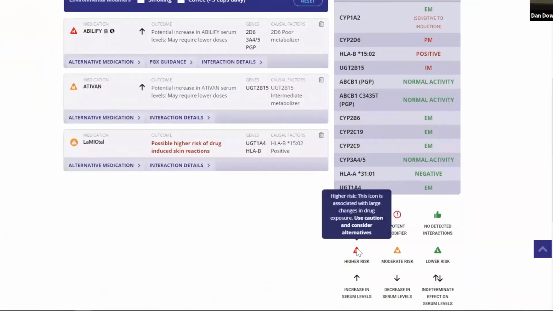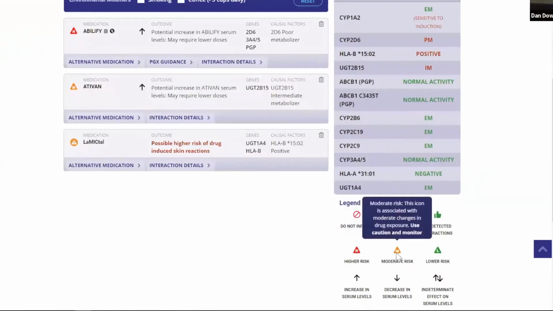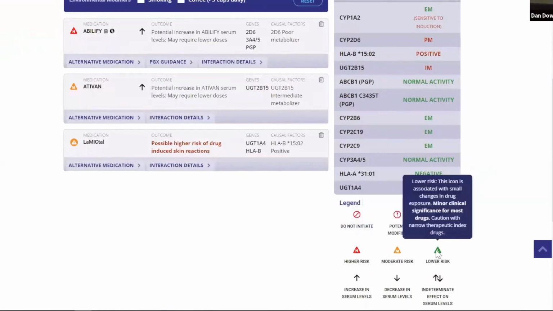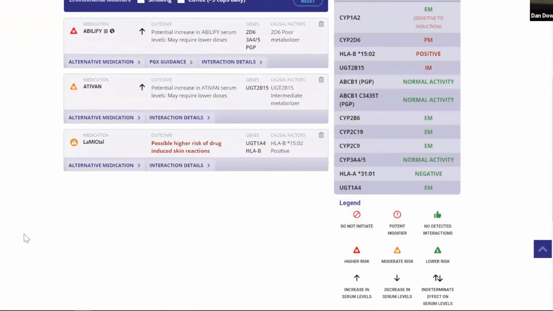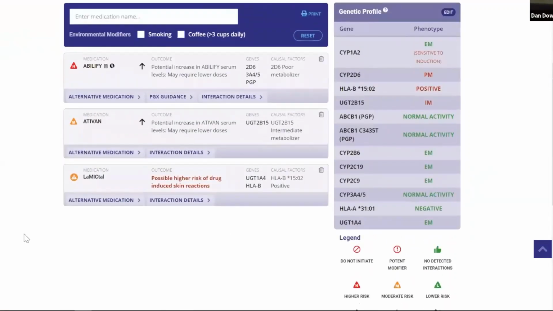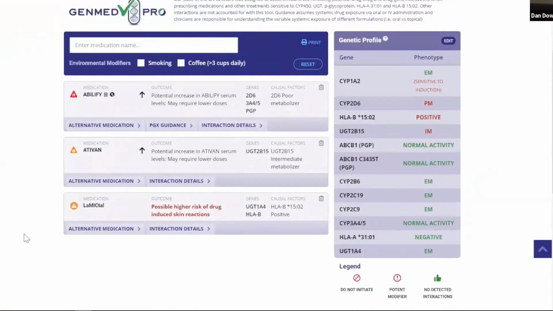With high risk options, you might want to consider an alternative. You can see blood levels that are dramatically higher when you see this high risk icon. Moderate risk is a caution and monitor. Low risk means it's probably not going to be clinically significant except for drugs with a very narrow therapeutic range.